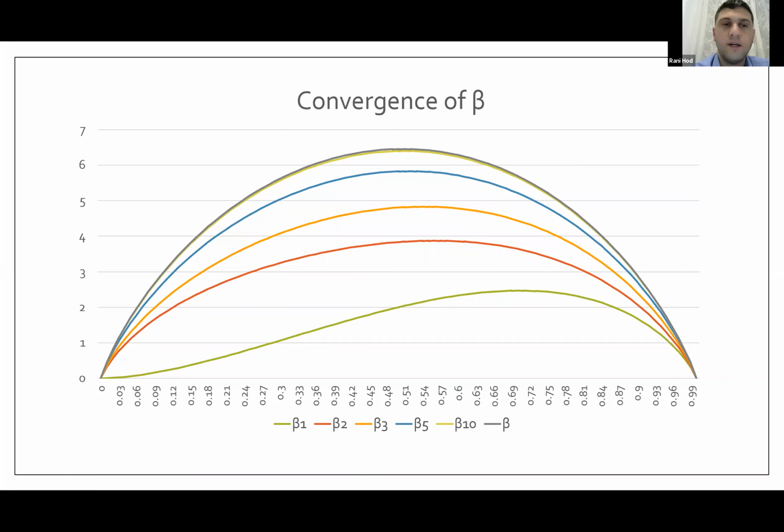So if you take 10 terms, this is already very, very close to the shape of beta. And one more thing that you could see, if you look at beta, this is not symmetric. There's a very, very slight bias towards numbers between 1/2 and 1.